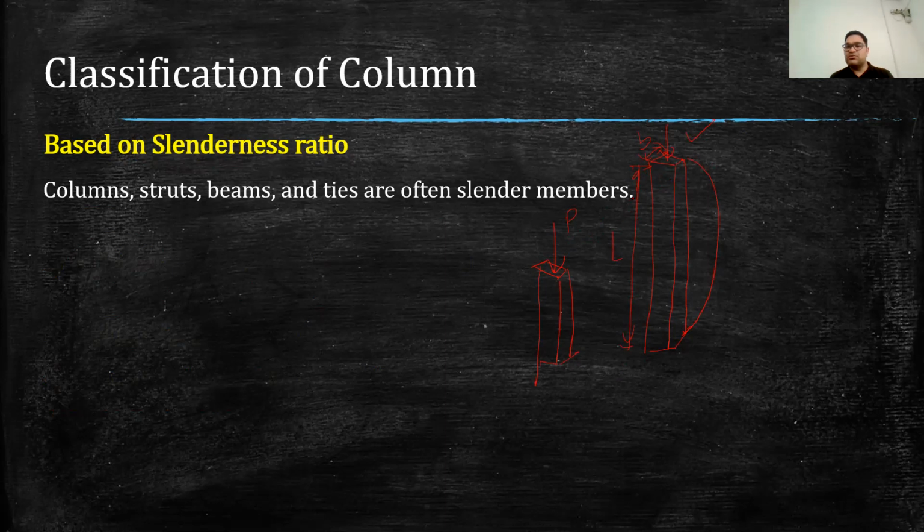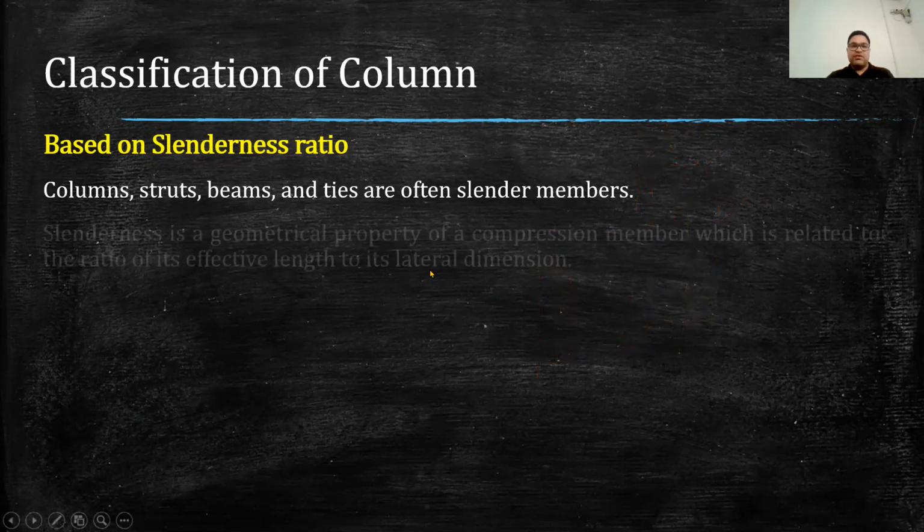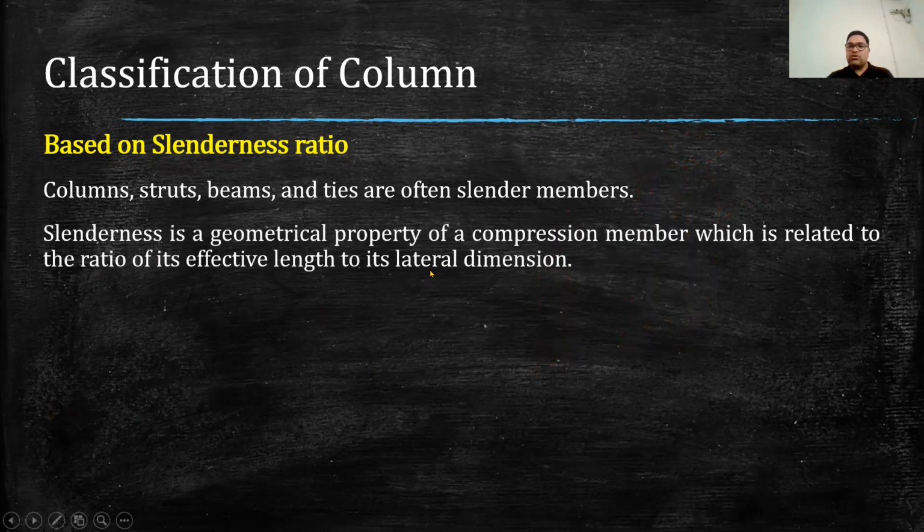This ratio, effective length to the least lateral dimension, is known as the slenderness ratio. So the bending or buckling effect will be higher in this column because the slenderness ratio will be higher in this case. Based on this ratio, we classify our columns as short columns and long columns.